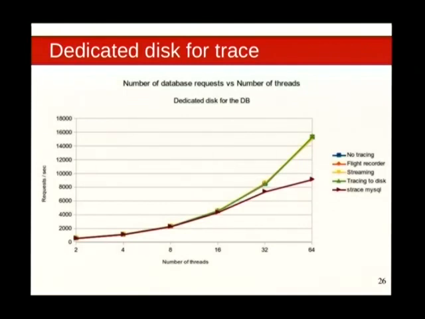So there's no performance hit. It's the same as no tracing, and we are comparing that with Flight Recorder, as I said, where we're just recording the buffers. And the yellow one is the streaming. You extract your data, you stream it on the network to another machine, and there's absolutely no performance hit, but you trace 250 million events.